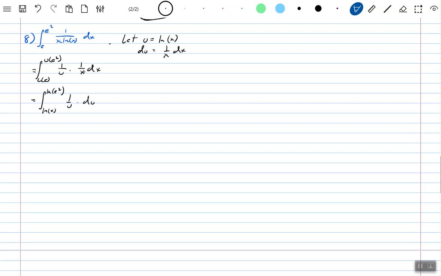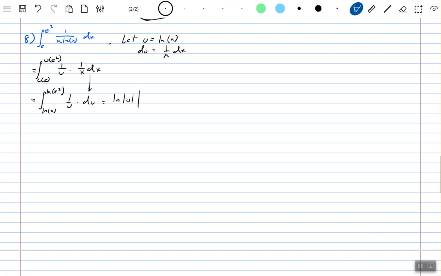Excellent. So 1 over x dx, well, that just goes to du. I plugged in e and e squared into my u because I am changing the limits of my integration because I'm changing my variable. Now, this is equal to the integral of 1 over u, but that's just the natural log of the absolute value of u evaluated at the endpoints.